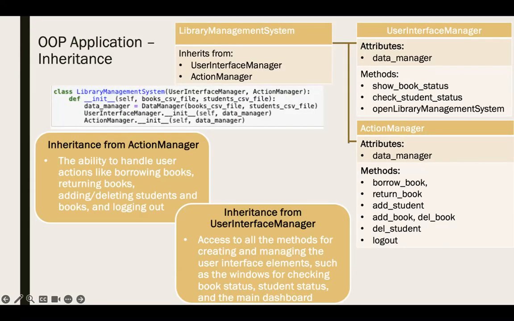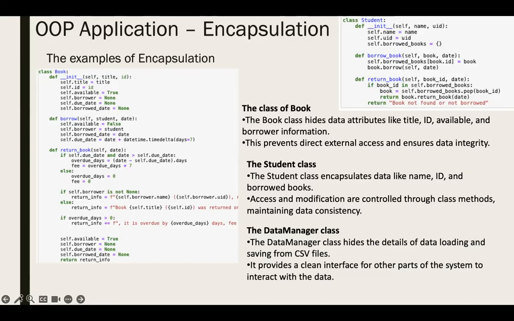In our system, we have a clear inheritance structure. The library management system class acts as the main controller and inherits from both the user interface manager and action manager classes. Encapsulation: in our system, the book class demonstrates encapsulation by keeping its data attributes such as title, ID, available, and borrower information hidden from direct external access.